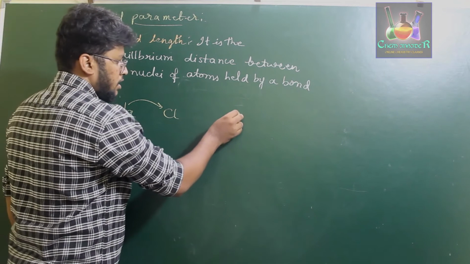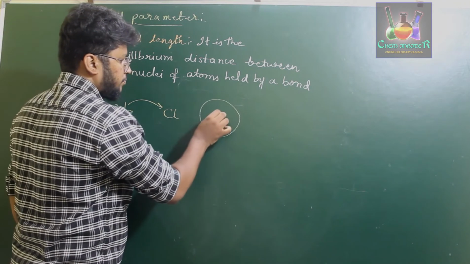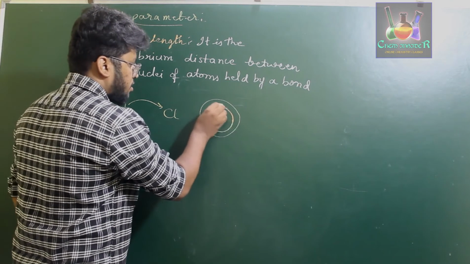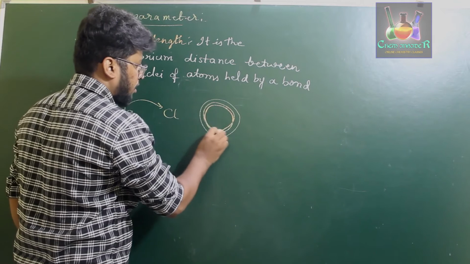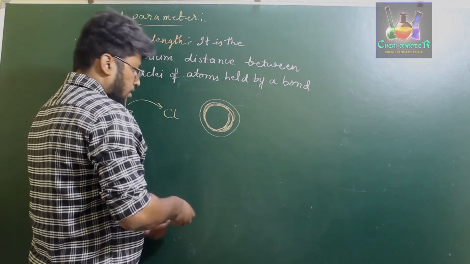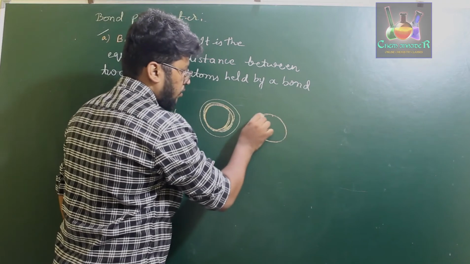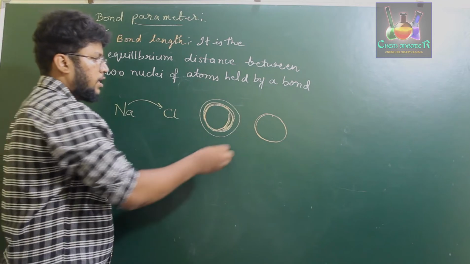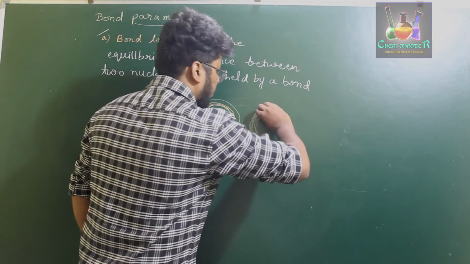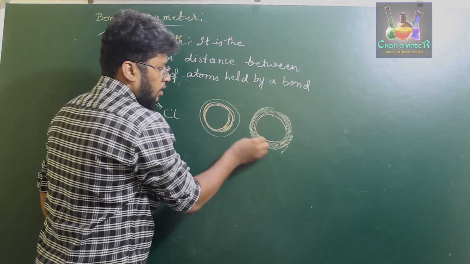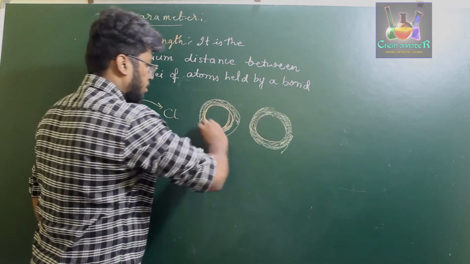What happens in this case is, if you consider this as the valence shell of sodium, which I am writing in orange, and this is the valence shell of chlorine, the nuclei of sodium and chlorine will have a certain amount of influence around the outermost shell, even though they do not have any electron present in them.